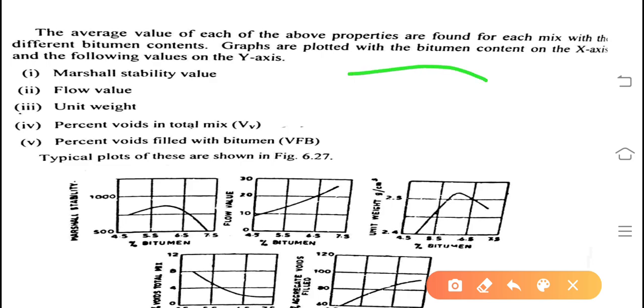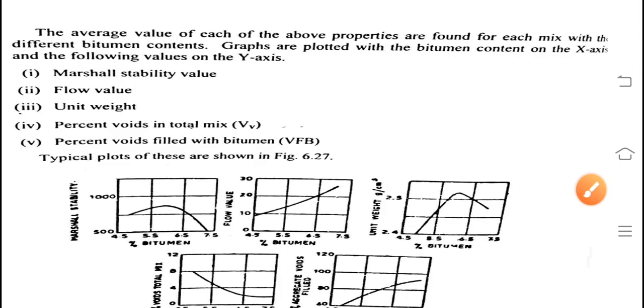Graphs are plotted with the bitumen content on the x-axis in all the 5 plots, along with different values on the y-axis. First, Marshall stability value. Second, flow value. Third, unit weight. Then percent voids in the total mix, VV. Then percent voids filled with bitumen, VFB. Typical plots of these are as shown in the figure.